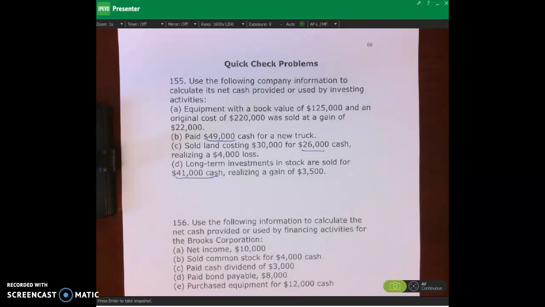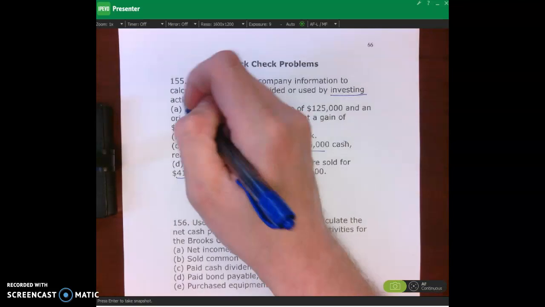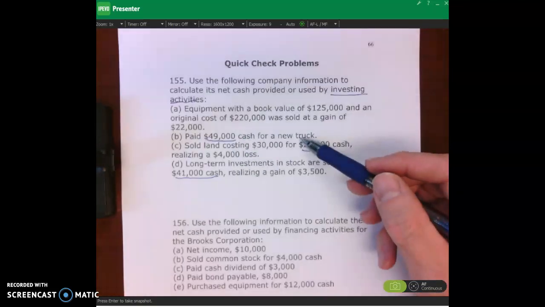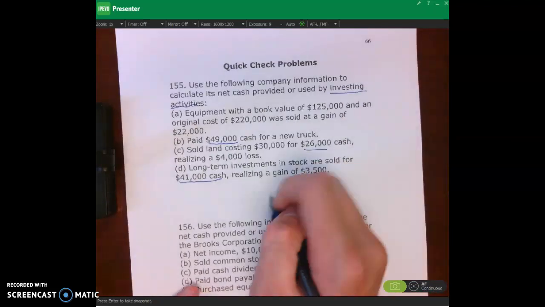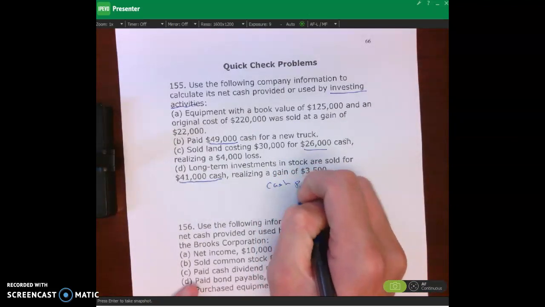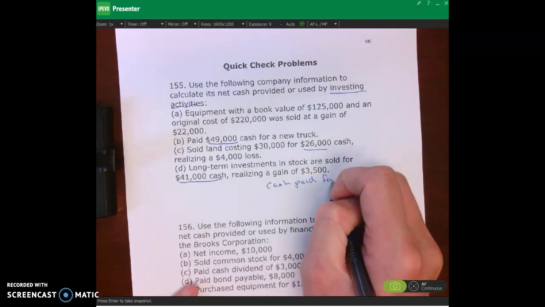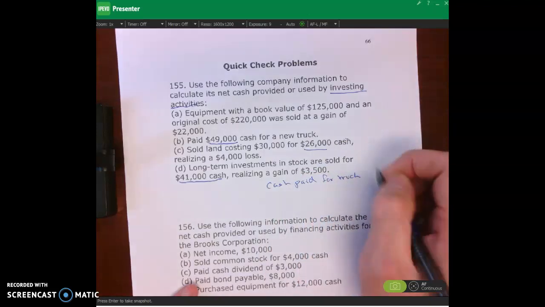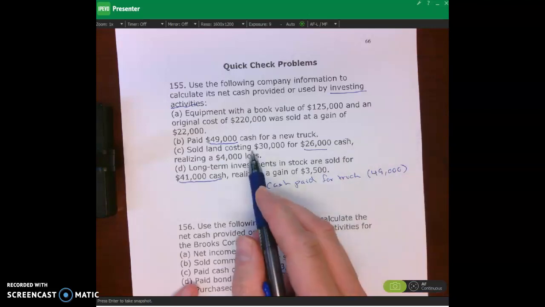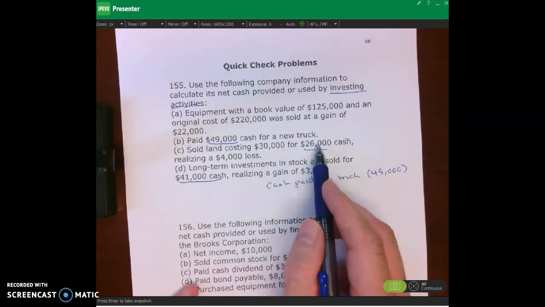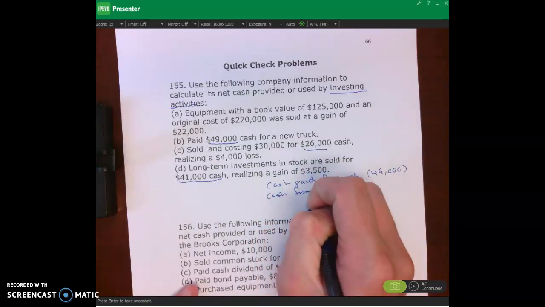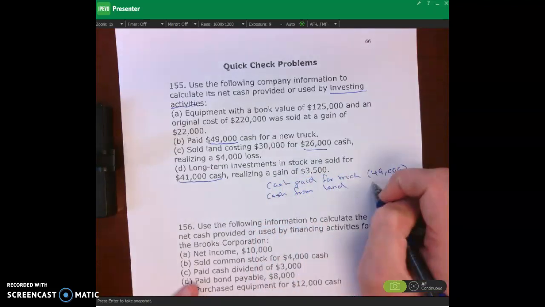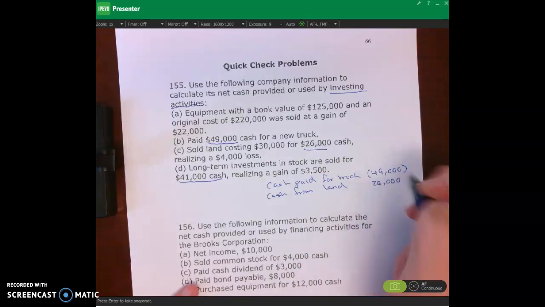So what we want to do is figure out the investing activities. This one's not too bad, right? Because we can just come over here and say cash paid for truck. We know it's a cash outflow because we paid cash, so I'm going to show that in parentheses. Sold land for $26,000. Cash from land, $26,000.